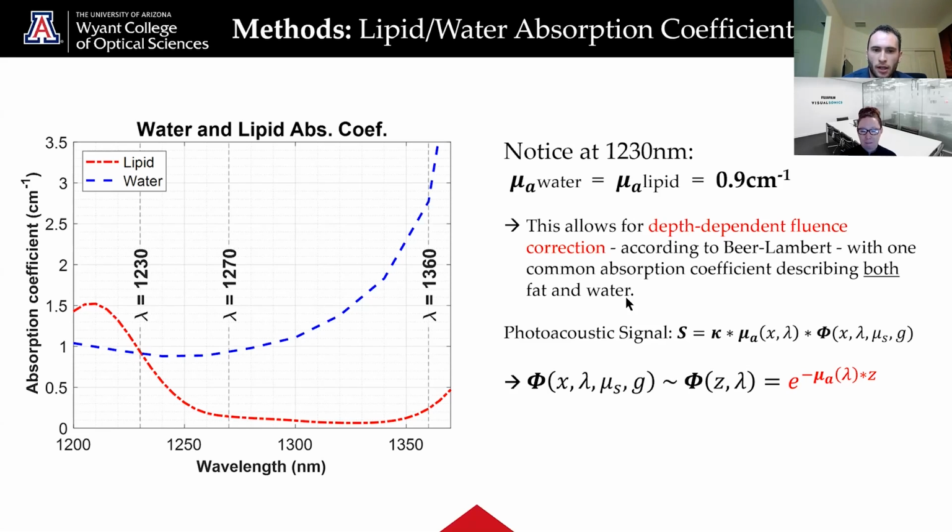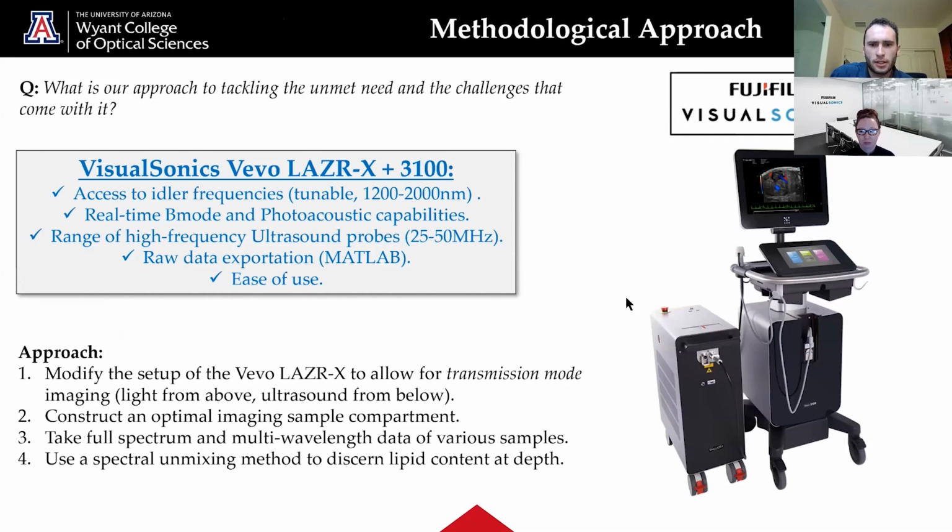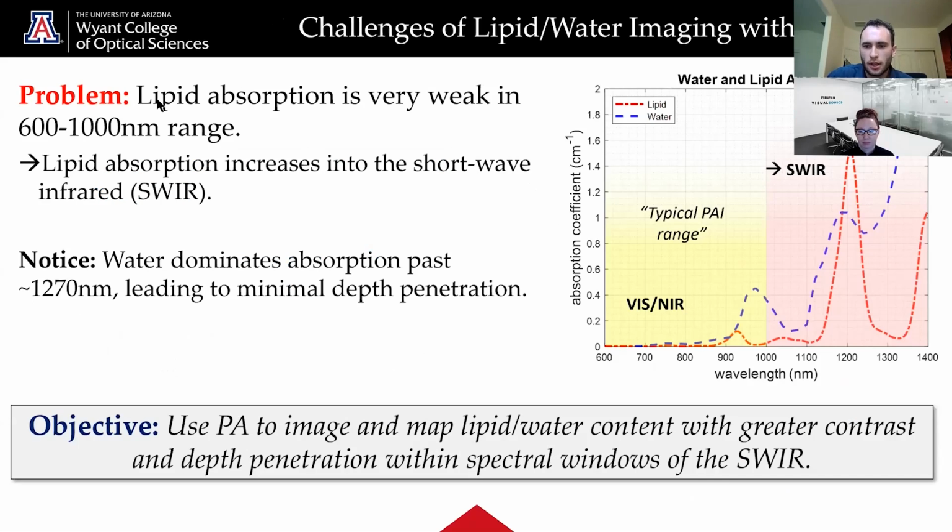Yeah, that's a great question, and it is somewhat practical, but let me go back to this slide here. There is a small peak right here at 980, but the main issue with that would be SNR. And I do see the next question would be about the skull limitation.